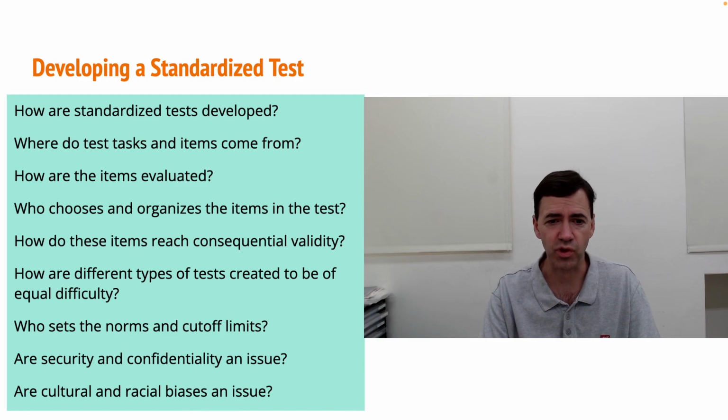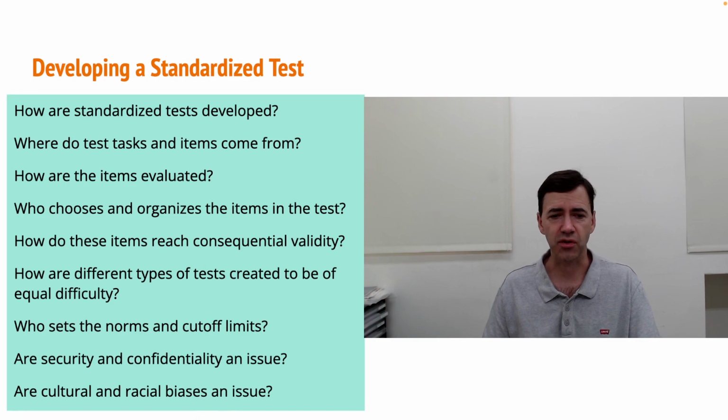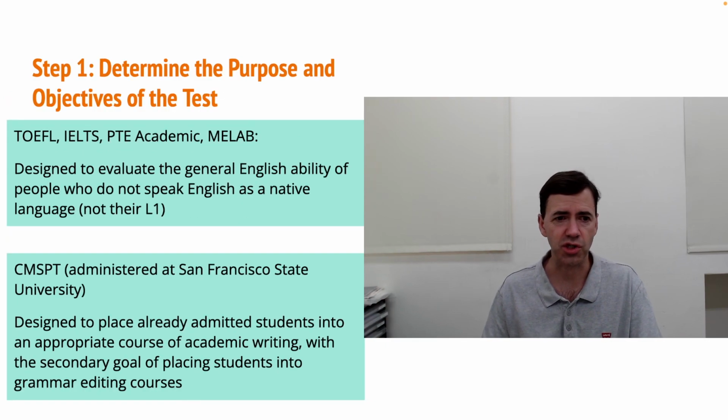How do these items reach consequential validity? How are different types of tests created to be of equal difficulty? Who sets the norms and the cutoff limits? Are security and confidentiality an issue? And are cultural and racial biases an issue? Okay, so let's try to go through some material and maybe get some answers to these questions.